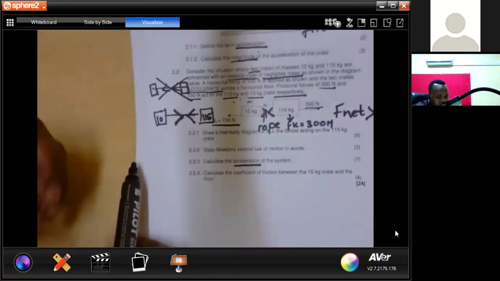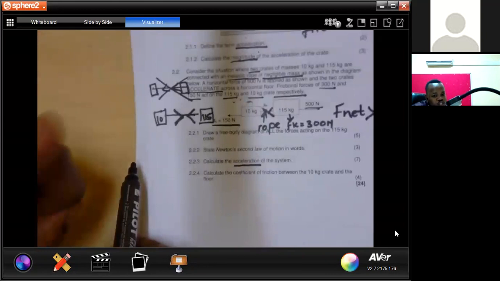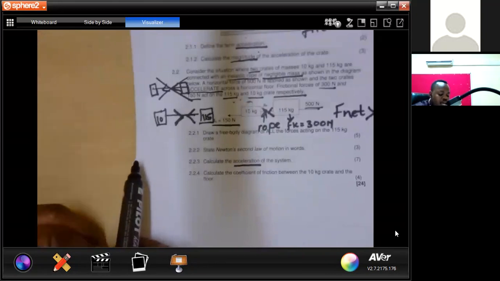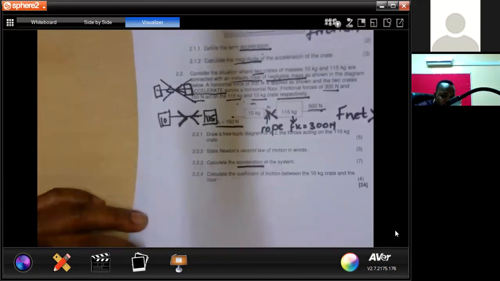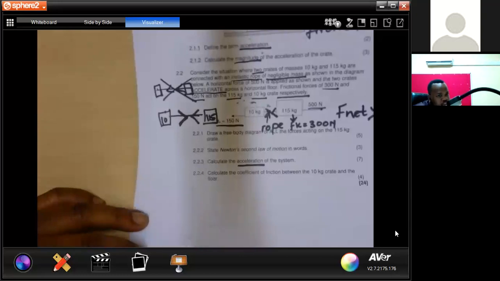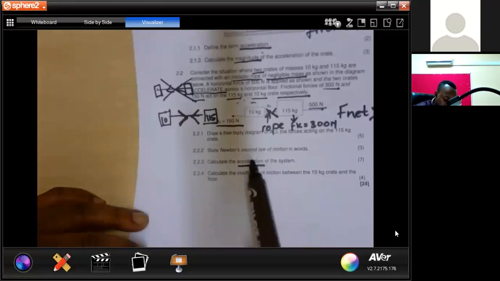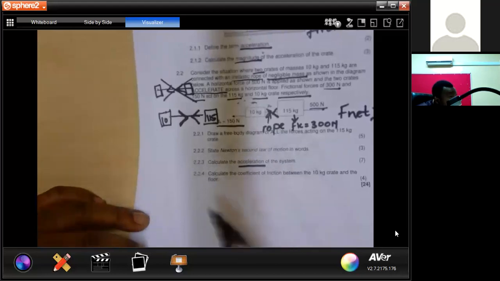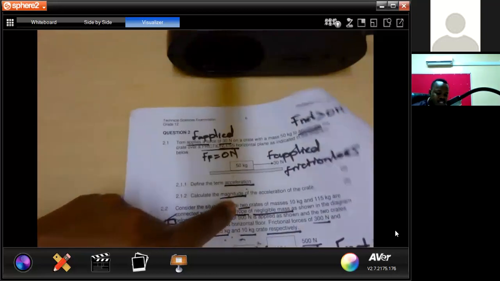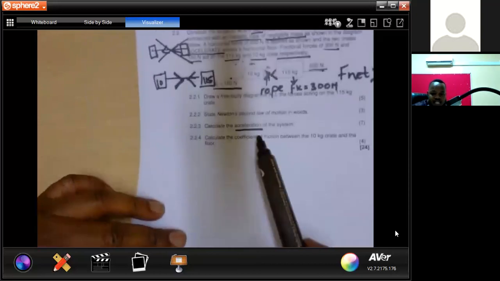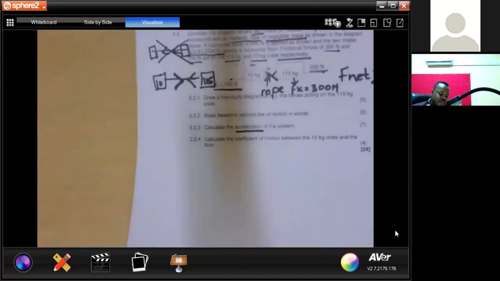But if they just say the acceleration of the system, it means you need to give us both the magnitude and the direction. Why? Because acceleration is a vector quantity. And what do we say? A vector quantity is a physical quantity that has both magnitude and direction. So if I want acceleration, you give me both magnitude and direction. But if I said the magnitude of the acceleration, then you would have just given me magnitude without direction. But here I want the acceleration, so you will give me both the magnitude and the direction.